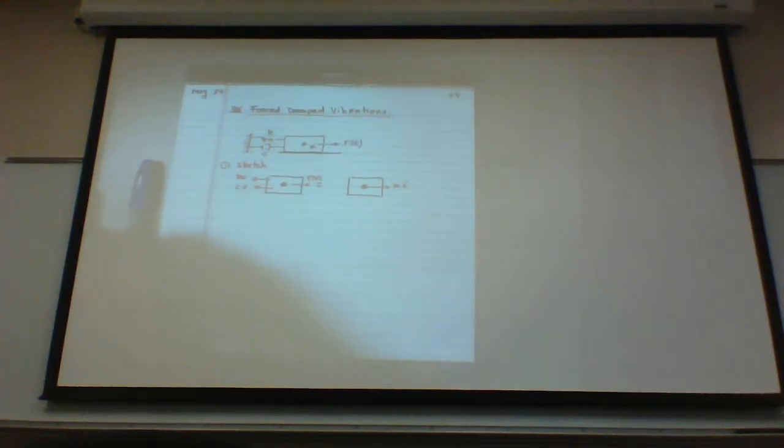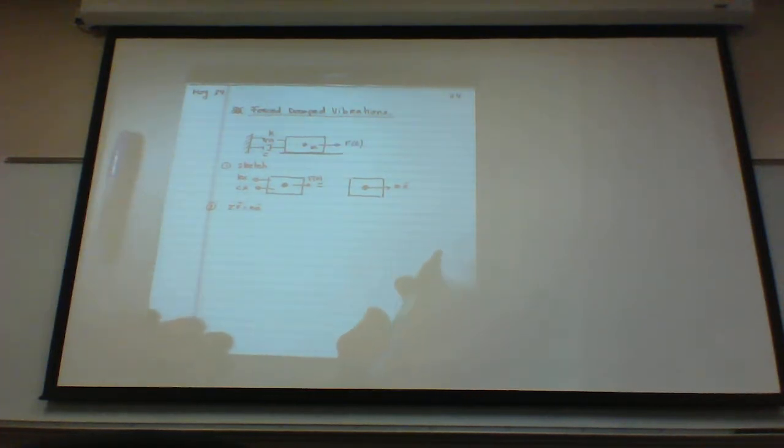Alright, so step 2 basically is to write down the equation of motion using Newton's equation, summation of forces equals m a. And this will give us what? We'll have the sum in the x direction. Summation of forces equals m a will be equal to what?